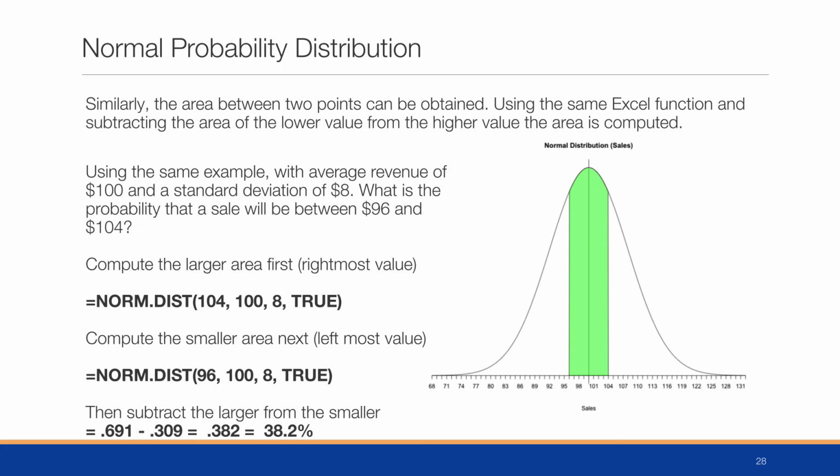We first compute NORM.DIST(104, 100, 8, TRUE). Then we compute the smaller area, the leftmost value, which is NORM.DIST(96, 100, 8, TRUE). We subtract the smaller from the larger, and we will get 0.382 or 38.2%. This basically means that the probability of a sale between $96 and $104 is about 38%.